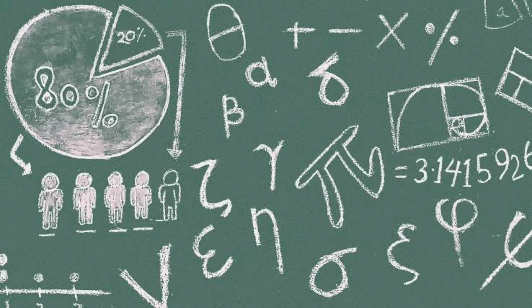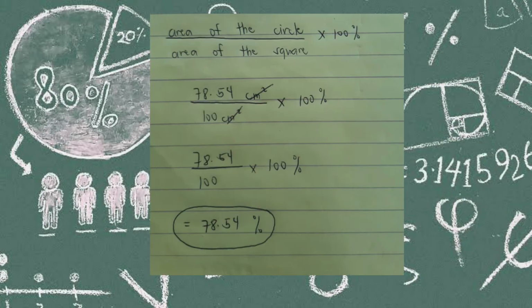Now, let's go back to the formula: the area of the circle divided by the area of the square multiplied by 100%. This formula is being used to get the percentage of the square's area covered by the circle. So let's begin with the area of the circle, and we have 78.54 centimeters squared. Then the area of the square is 100 centimeters squared.